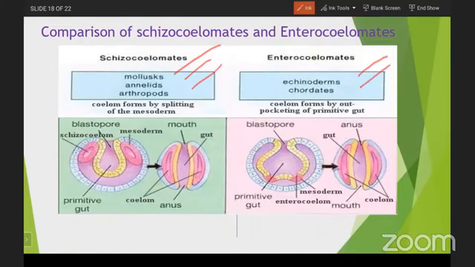Here you see the mesoderm pouch, and the mouth forms first. Here you see the mesoderm pouches forming from the archenteron, and the fusion of these pouches gives the enterocoelomic cavity. And here the anus starts first and then the mouth. These are the comparative differences between schizocoelom and enterocoelom.